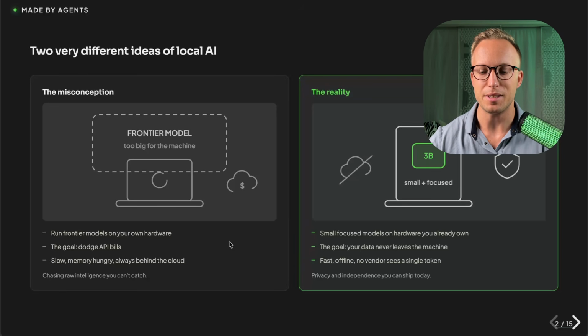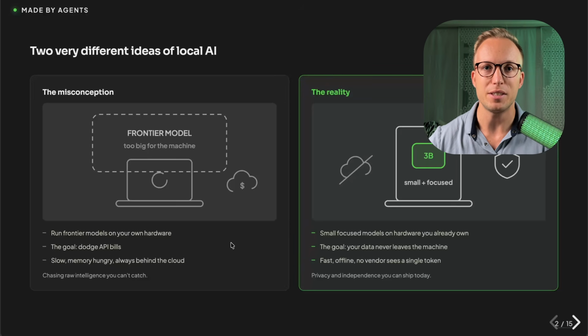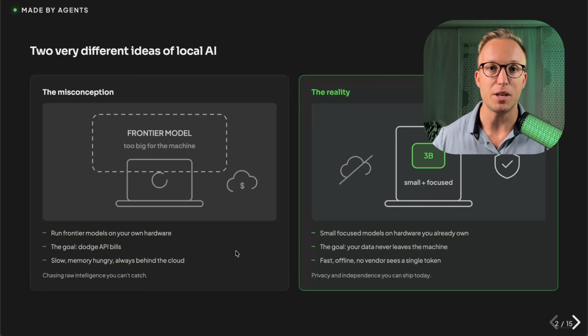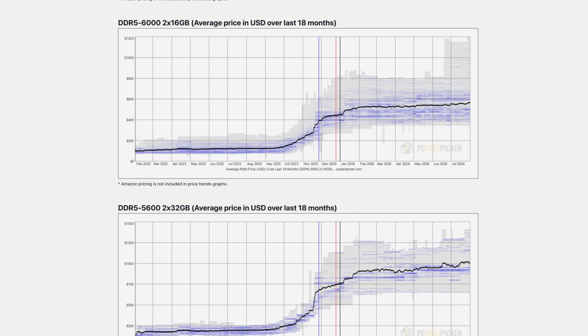But the problem is that it's almost impossible to keep up with the cloud providers and with the newest models that get bigger and bigger and more memory hungry. At the same time, we saw a price inflation in memory over the last months.